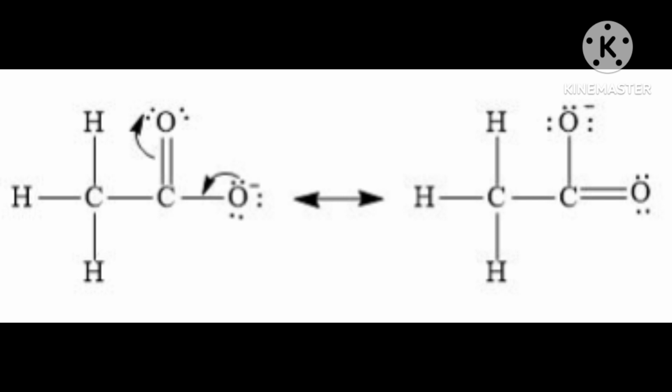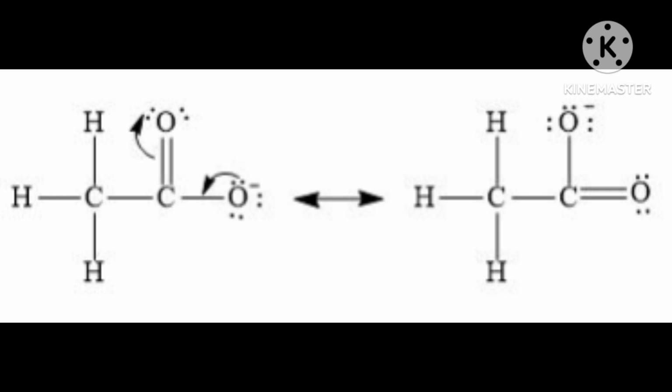Now one more thing I am telling you. In structure 1, the C and O double bond was there. Oxygen is an electronegative atom, hence that electron will be taken by oxygen.